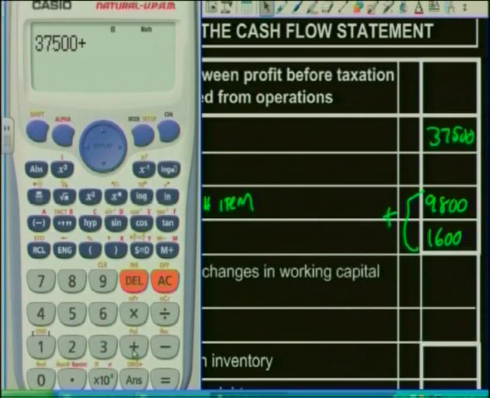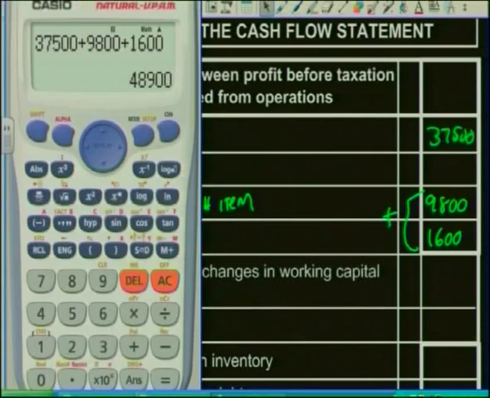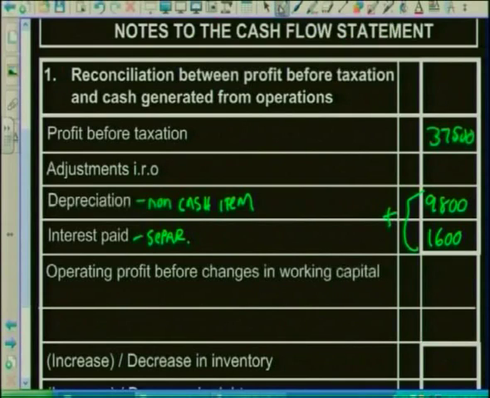We're now adding back the depreciation as well as the interest, 1,600, to get an amount of 48,900. Okay, that gives us our operating profit before changes in working capital.